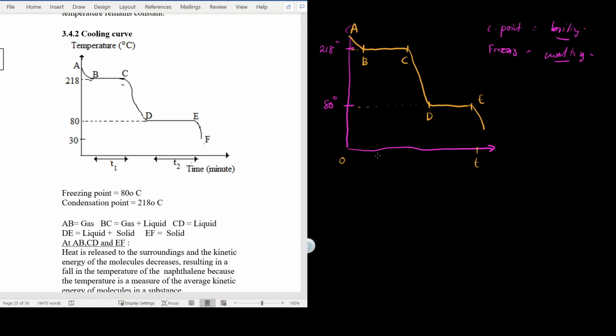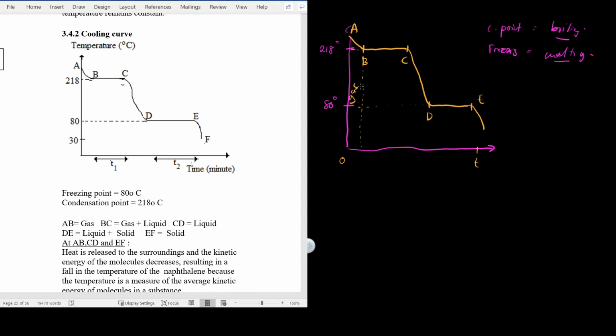And then what about the phases? At AB, from point A to B, the temperature is just above the boiling point, so all of the substance is in the gas phase.